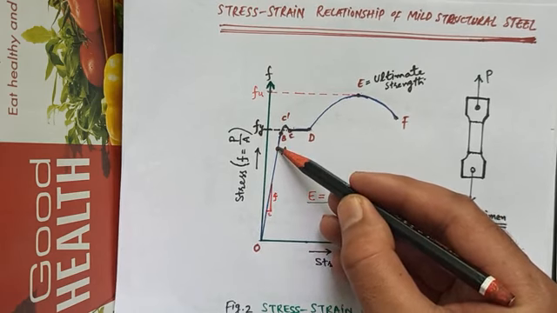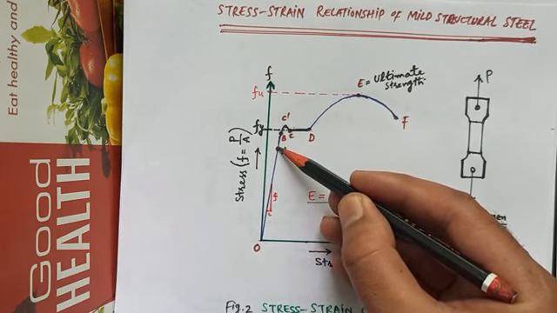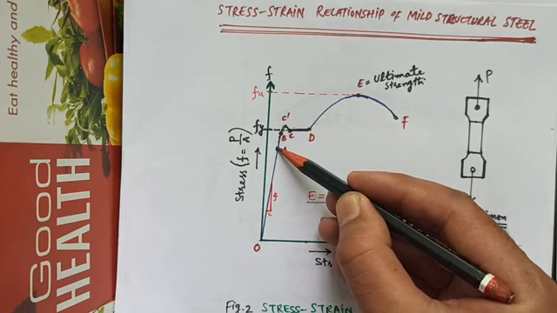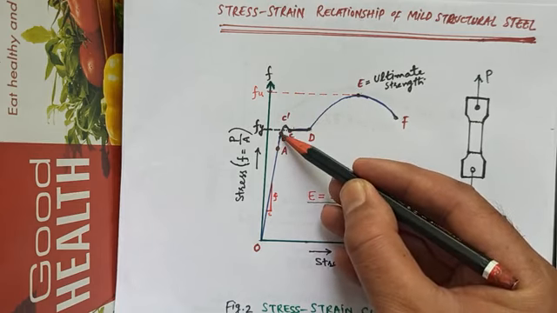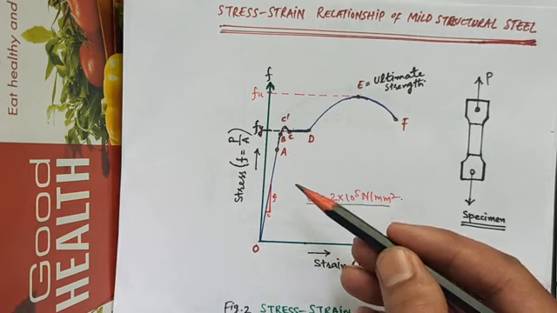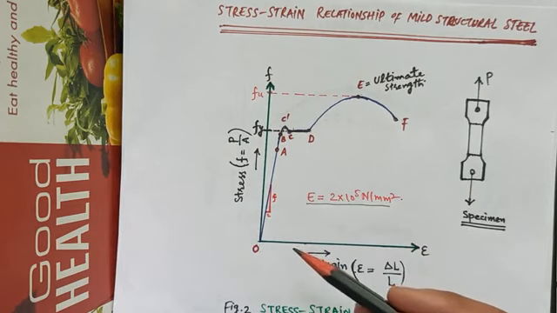Point A represents the limit of proportionality, that is the stress beyond which linear variation of stress and strain ceases to exist. Point B represents the elastic limit, that is the maximum stress up to which a specimen regains its original length on removal of the applied load.